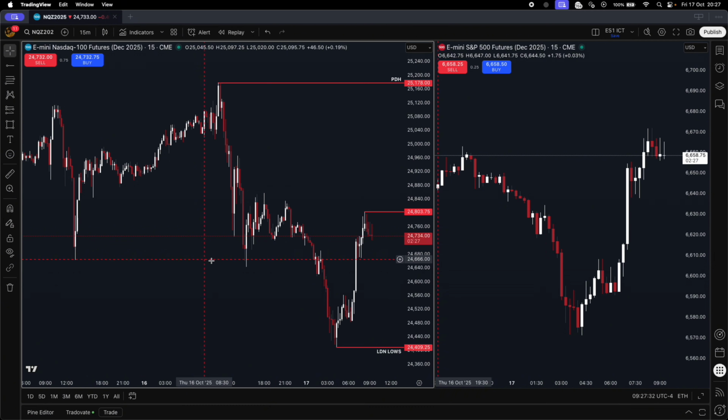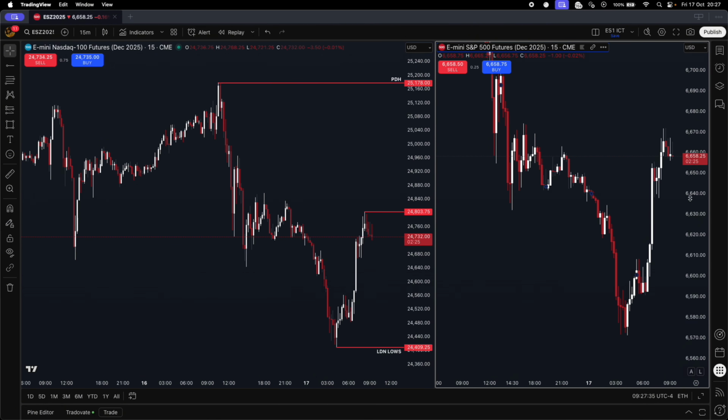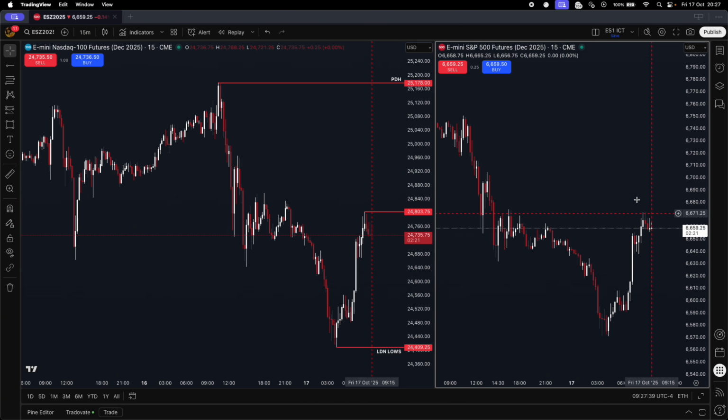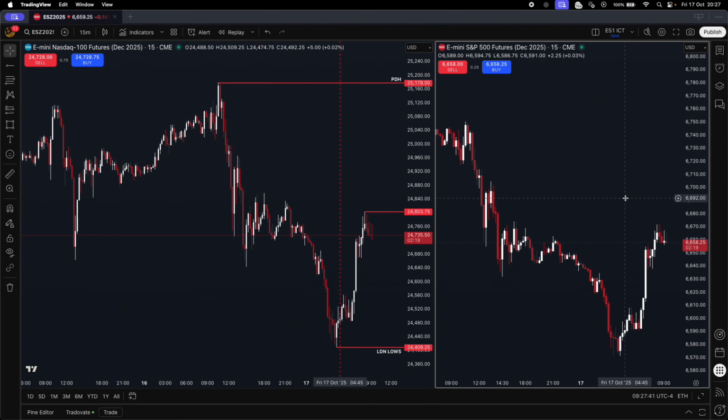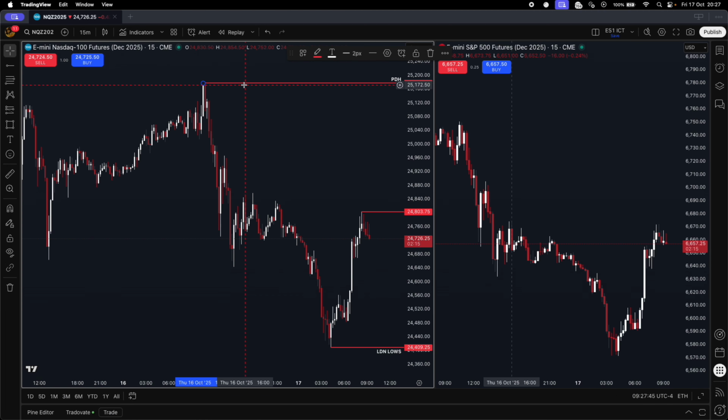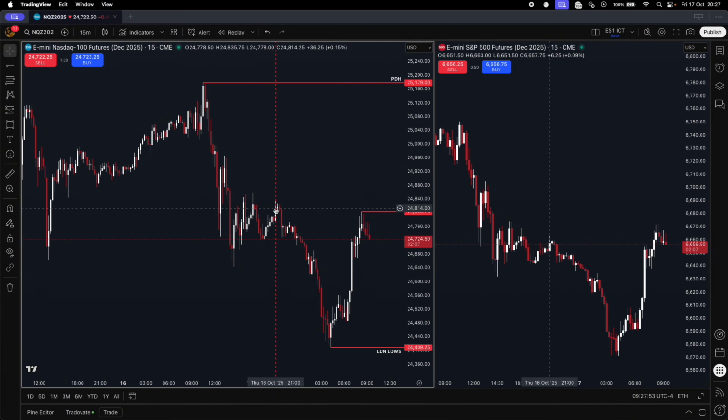Okay. So whatever we mark out on NQ, make sure you paste this over and mark this out on ES as well. Okay, so between Asia, you can see that at 9 PM on the Thursday, we created Asia highs.